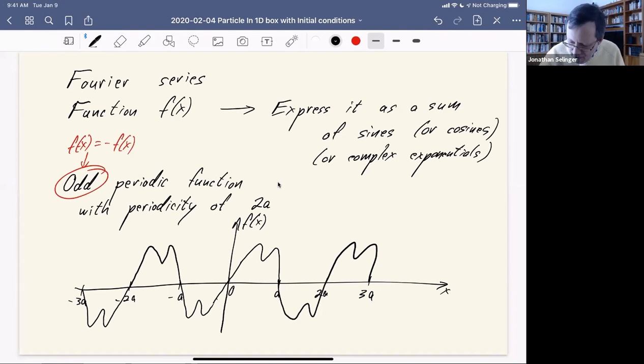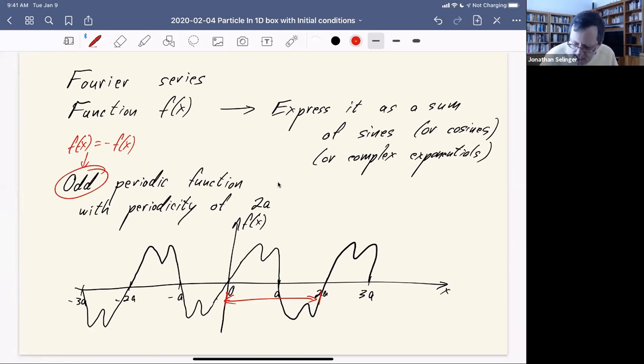So we can look over any region of 2a, okay, and that's one unit of the function, and that keeps repeating every 2a. So for sure, it's periodic with a periodicity of 2a, and it is odd, right? If you reverse the sign of x, you reverse the sign of f of x.